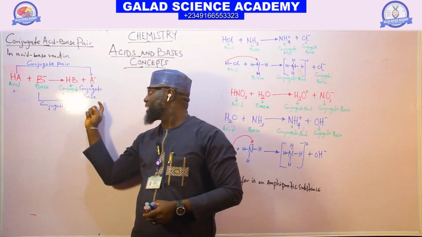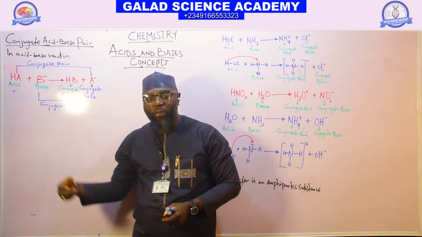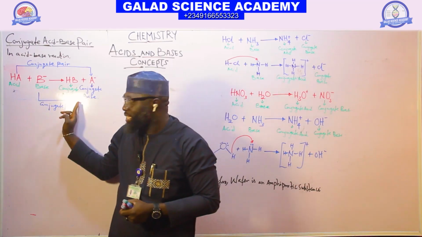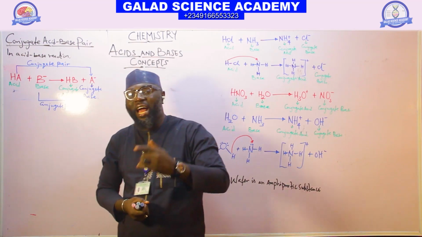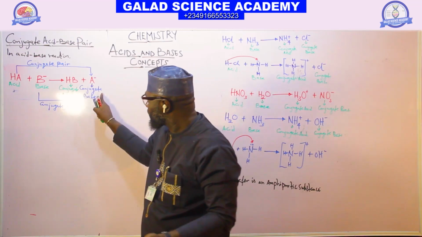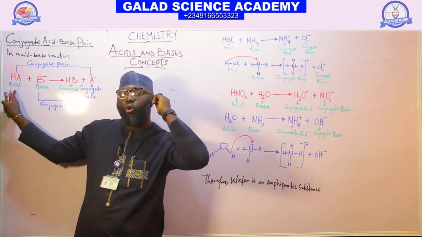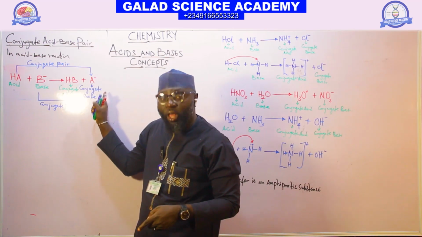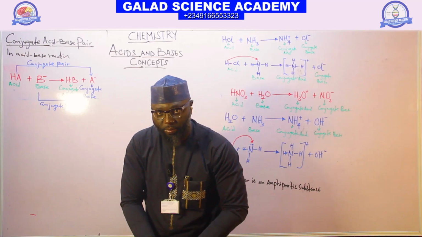So, what is a conjugate acid? A conjugate acid is formed when the original base accepts a proton from the acid. What is a conjugate base? A conjugate base is formed when the original acid releases its proton to the original base.